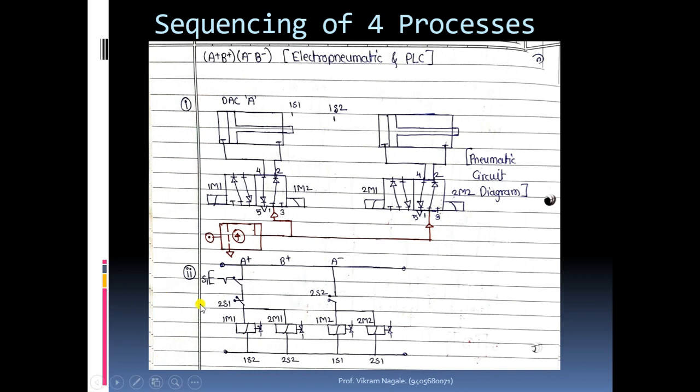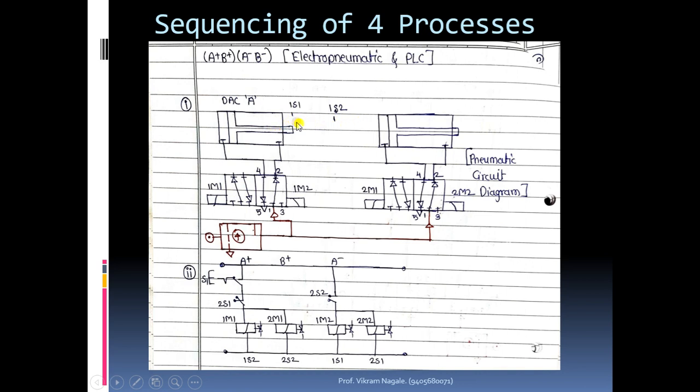So after placing this manual switch S1, we can close the circuit and we can get this A plus by energizing the 1M1 coil. As soon as this 1M1 coil is getting energized, the core will apply pressure from the left side and it will activate this left side block, and it will take the piston to the right hand side.